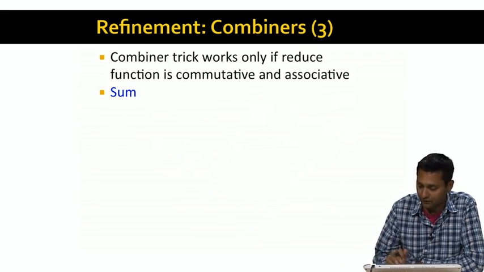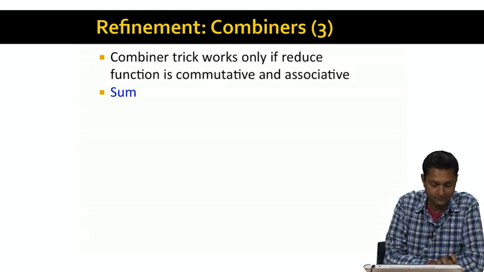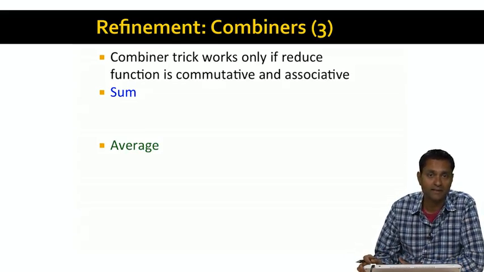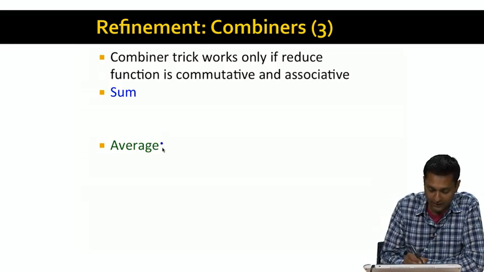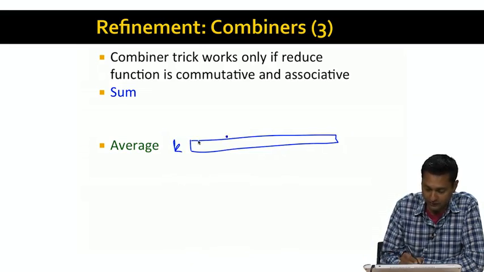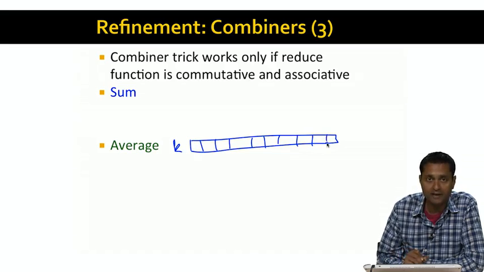However, there are some functions that are not commutative and associative. An example might be average. Let's say the reducer needs to compute the average of its set of input values, which consists of a key followed by a bunch of values.